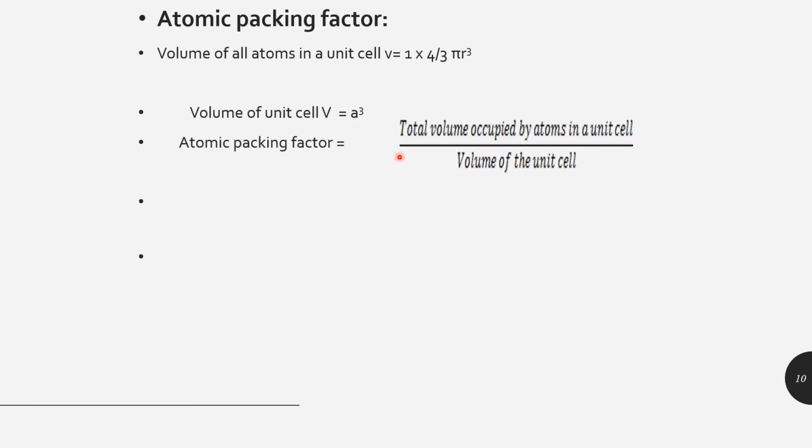We'll write down the formula of atomic packing factor: the total volume occupied by the atoms in a unit cell divided by the volume of the unit cell. So you have to divide these two terms: 1 into 4 by 3 pi r cube divided by a cube.